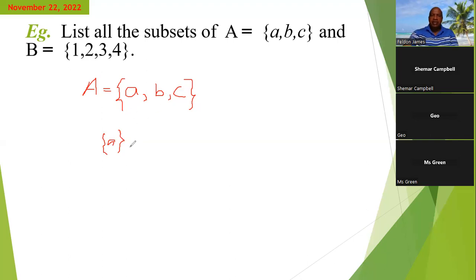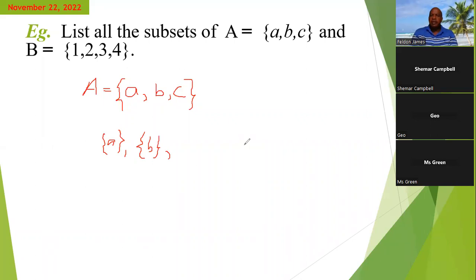Now you could also take out the member B, and {B} would also be a subset. Now notice that the subsets that we are forming, I'm putting them in curly brackets as well, because, anybody remember what the curly bracket reads?